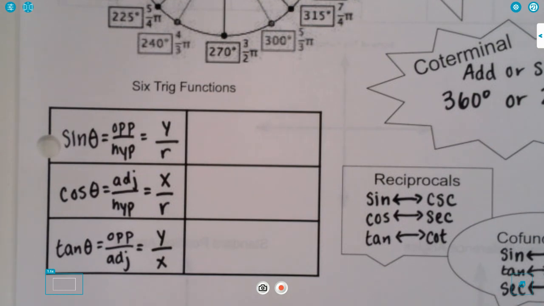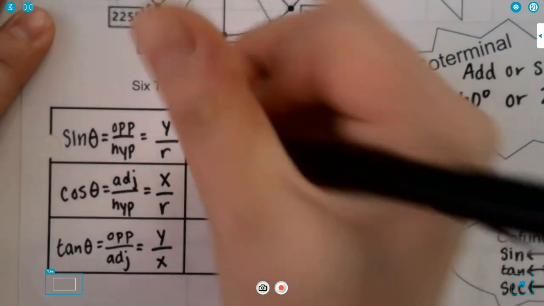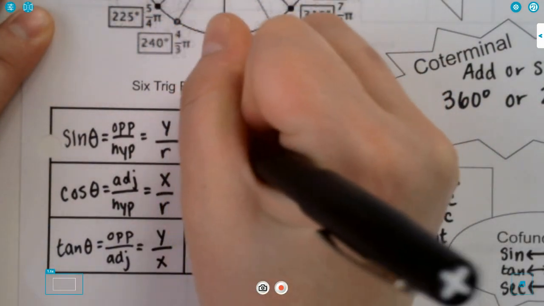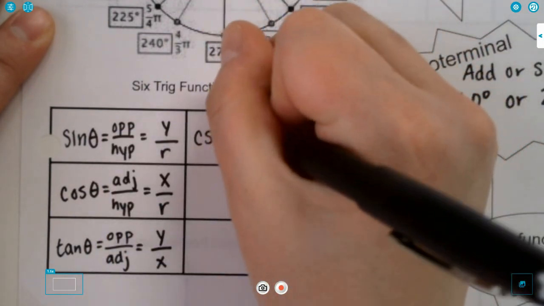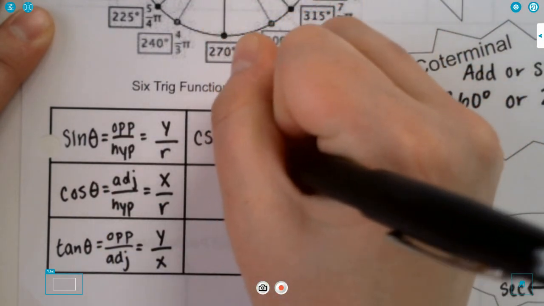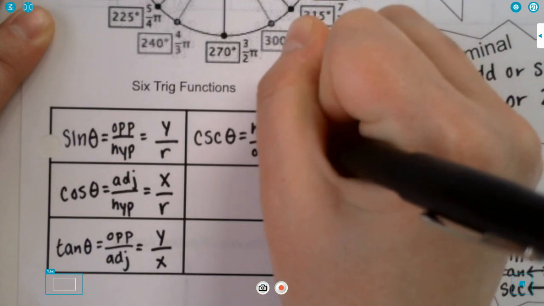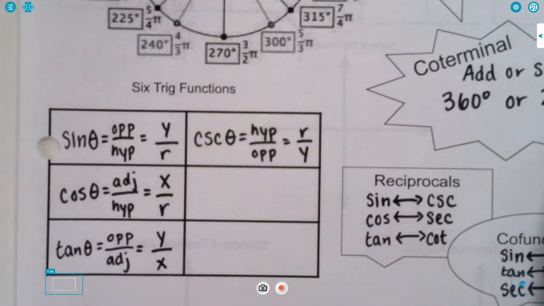Cosecant is the reciprocal of sine, so therefore it's hypotenuse over opposite, or r over y.